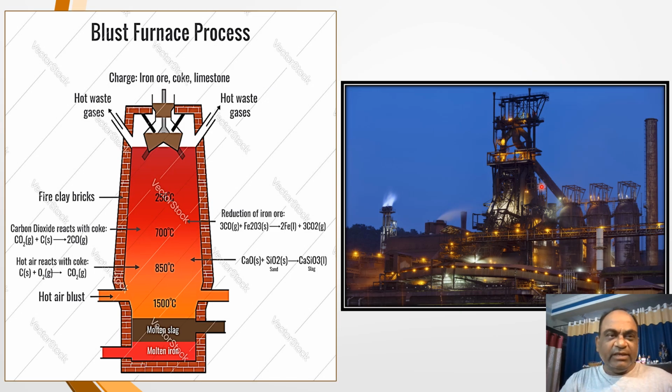Here you can see the blast furnace process. This is a very important process, and you have the raw materials to be put from the top. Basically, these materials are iron ore, coke, and limestone. So this is put from the top and it falls here, but does not fall to the bottom.